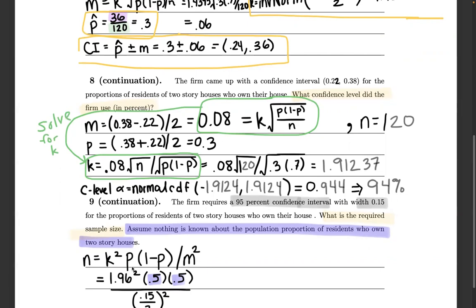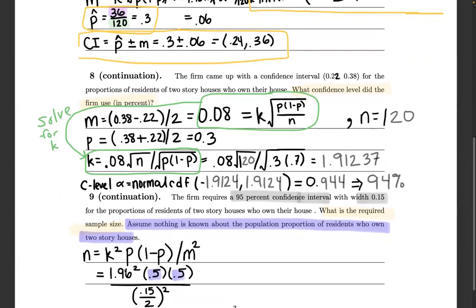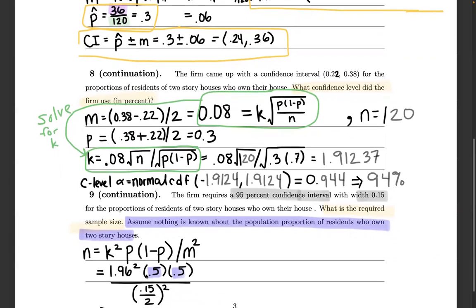So our K equals 1.96, and our P is 0.5, so our 1 minus P is 0.5.